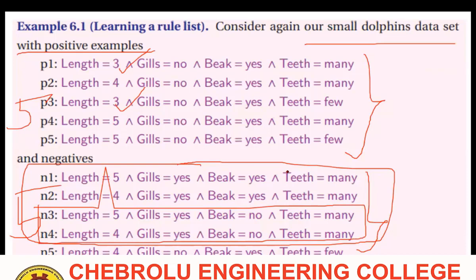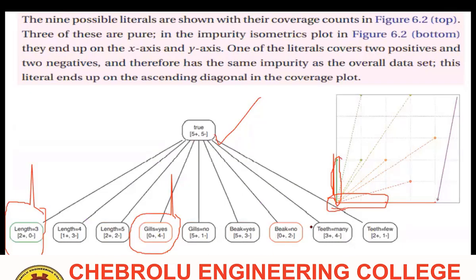We have already covered this with gills equal to yes, so no need of this actually, but still we consider it. This is also called pure negative.